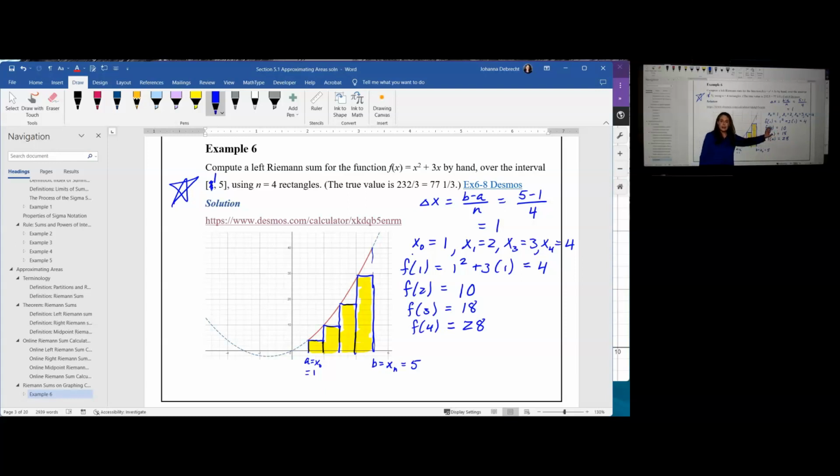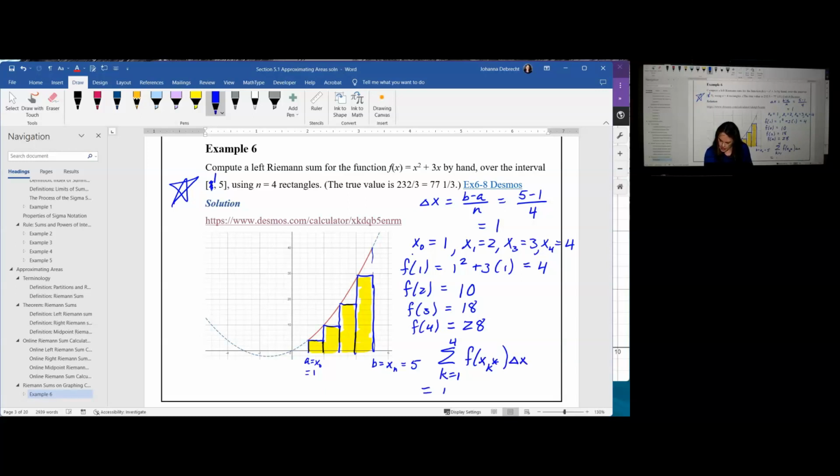These are the heights of the rectangles. To get the area of each rectangle, I need to multiply by the width, which is 1. In this case, I'm finding the Riemann sum, which is going from k equal 1 to 4 of f of x sub k star, which is my left endpoint, times delta x, which is 1.